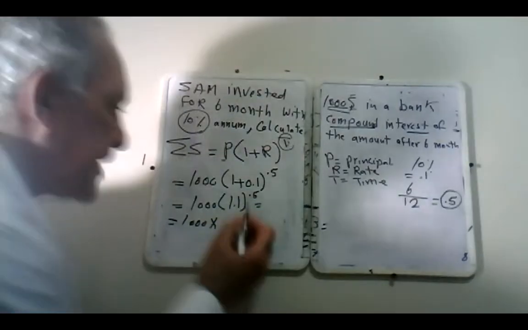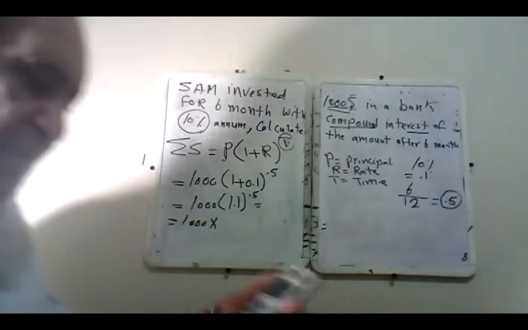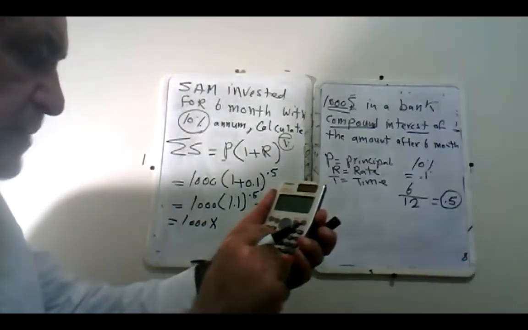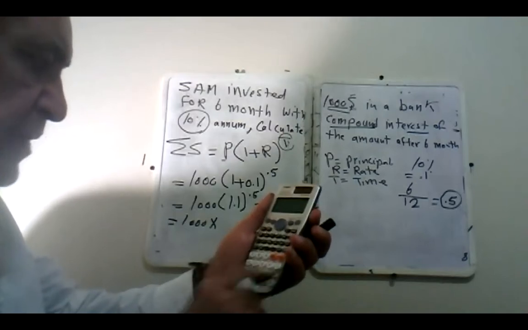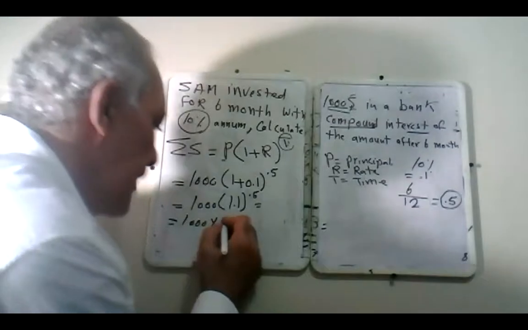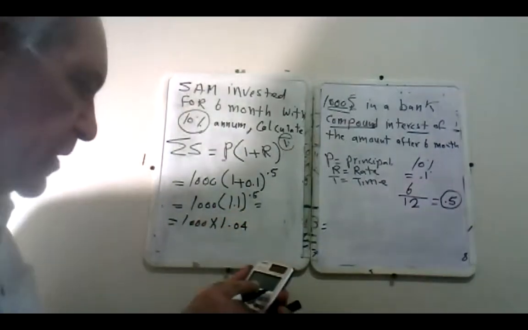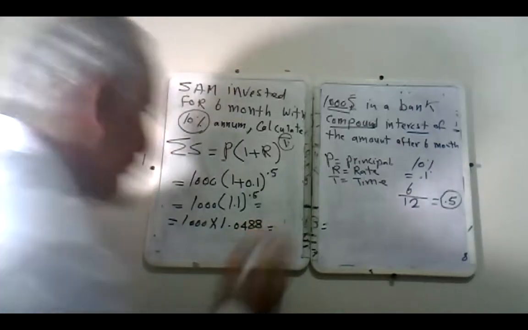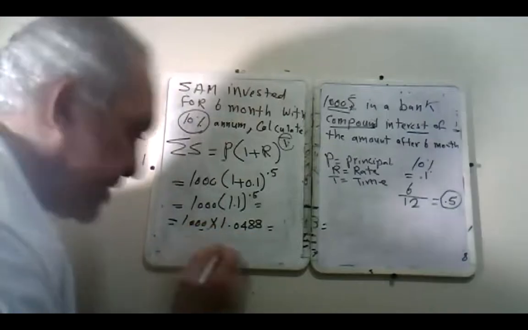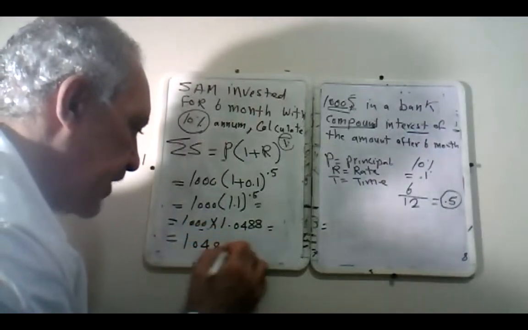Now what I will do is get this amount, 1.1 to the power 0.5. So 1.1, x to the power, 0.5, equals 1.0488. Then when I multiply it by 1,000, this will equal $1,048.8.